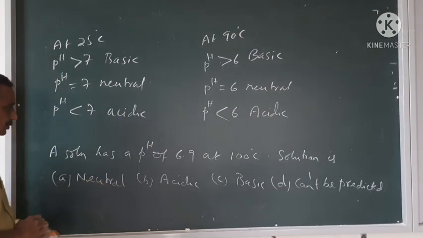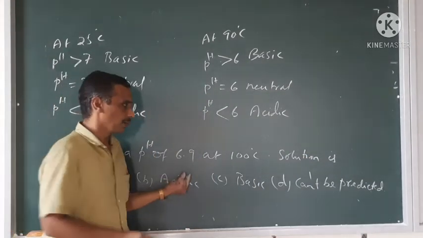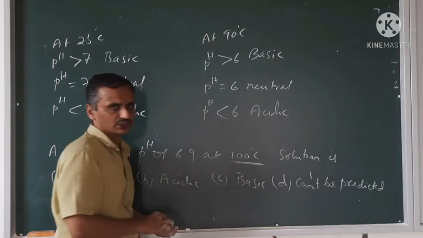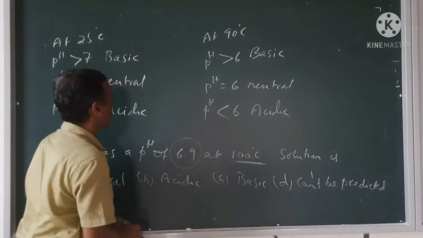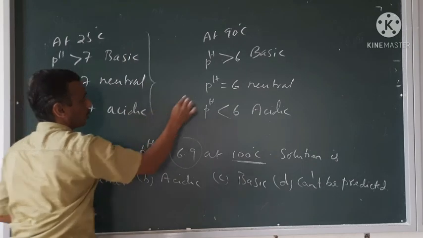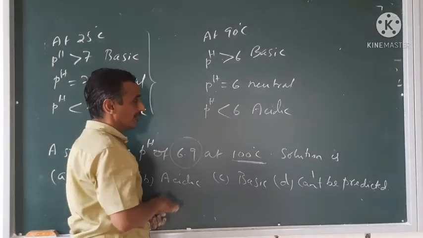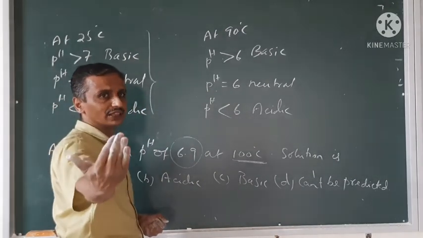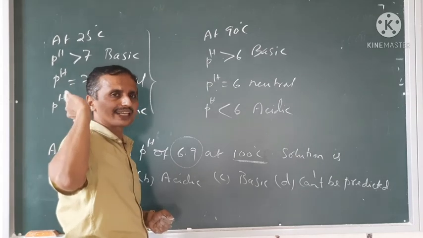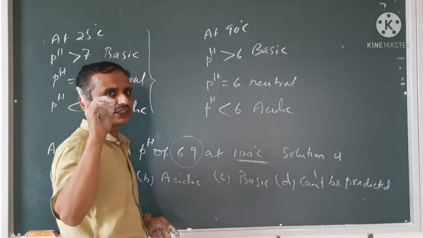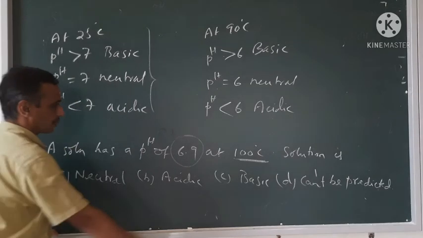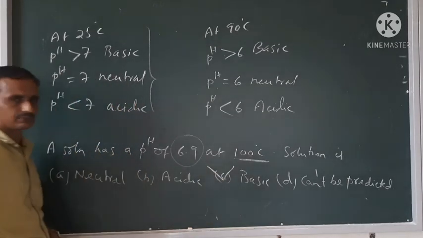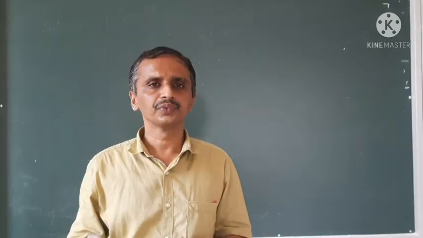Now see here, pH 6.9, but the temperature was 100 degrees Celsius. Remember, even though 6.9 is there, I should not use the 25 degree table, I have to use this one. Any pH greater than 6 is basic, any pH less than 6 is acidic, pH 6 is neutral. It is more than 6, so it is basic in nature. Note it properly.